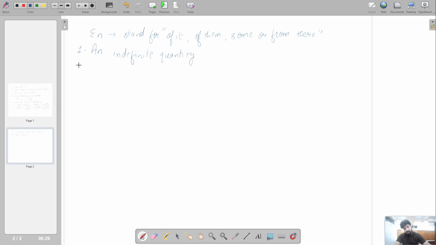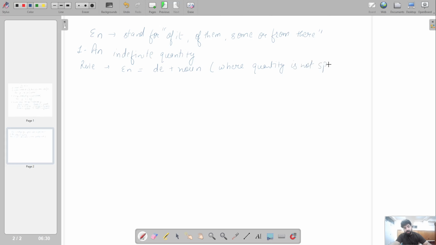Okay, so the rule for this is: en should be de plus noun, and when this is coming, then we know the quantity is not specified.